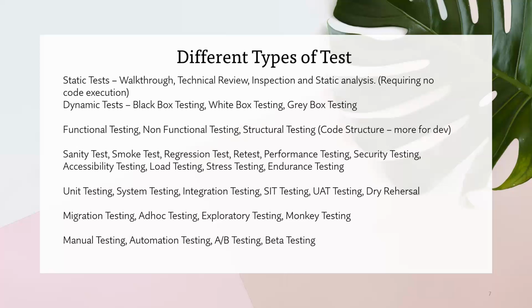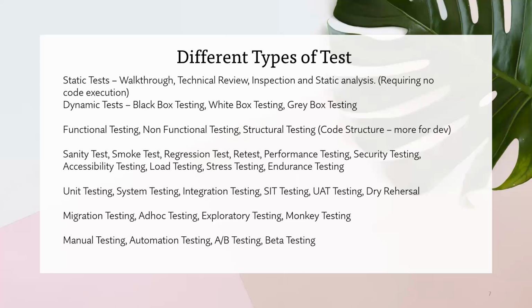Sometimes this is also called a dry rehearsal. Dry rehearsal is something like this: there are multiple teams in the projects at your client location. Everybody will be doing the code part and pushing their code. Some team ABC will push their code, some team XYZ also will push their code, and all of you have deployment on the same date. They have to allow everybody, but before that you want to ensure that other changes are not impacting your testing.